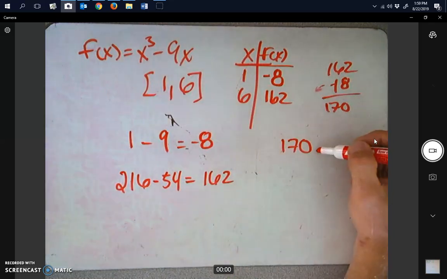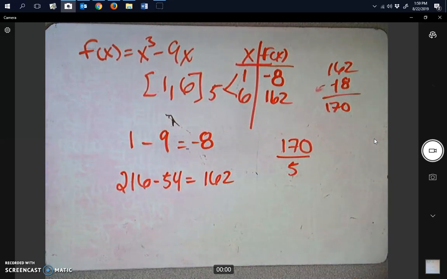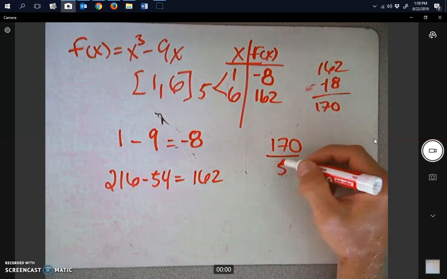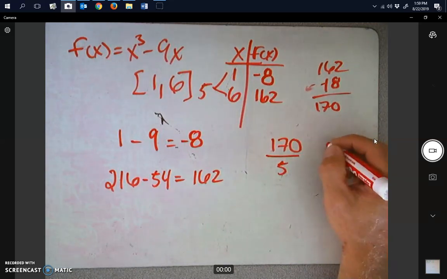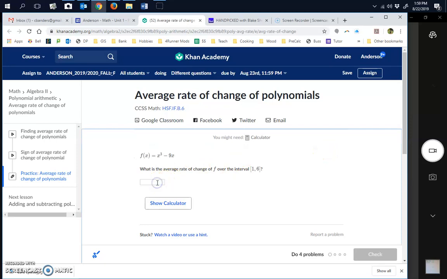Well, our change was 170, but we're changing over a span of 5, which is why we're going to divide by 5. So 170 divided by 5. Well, 5 goes into 100 20 times, and 5 goes into 70 14 times, so 20 plus 14 is 34. So the average rate of change would be 34.